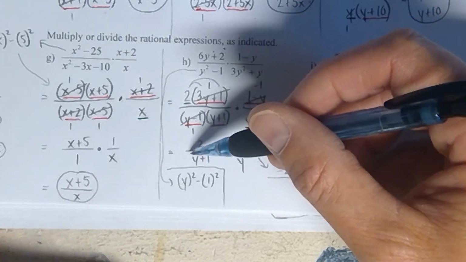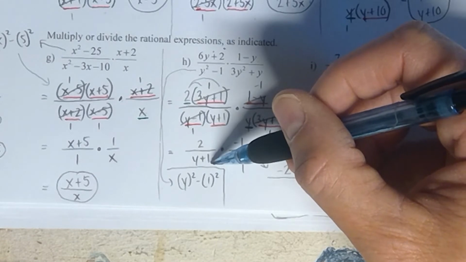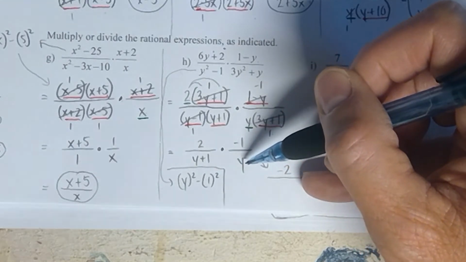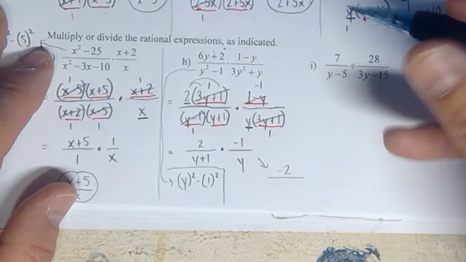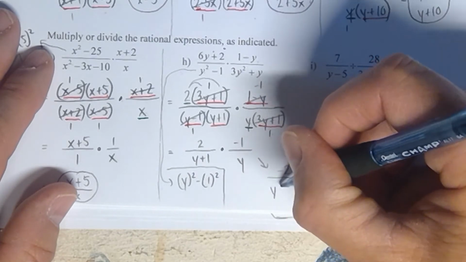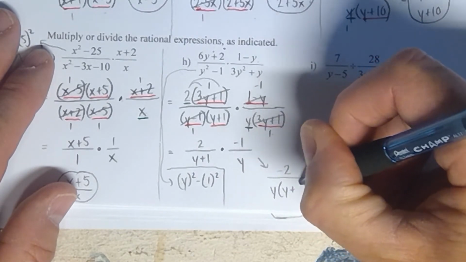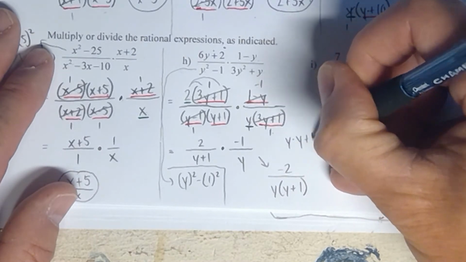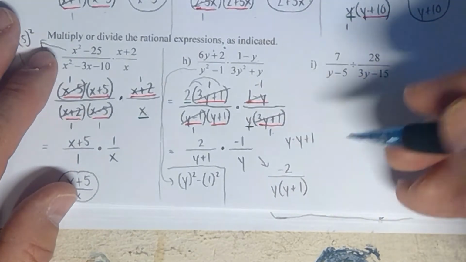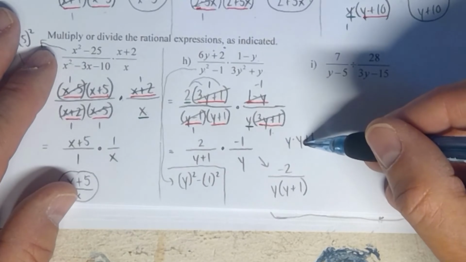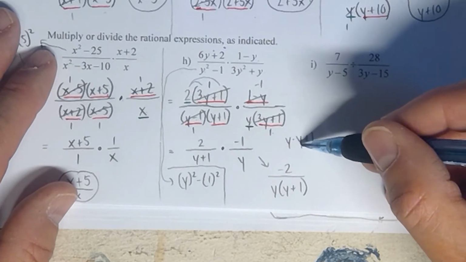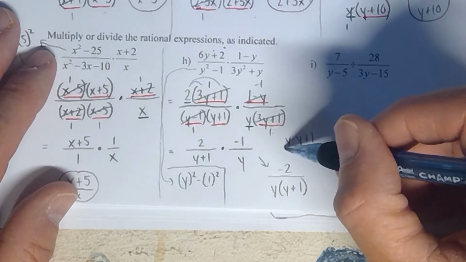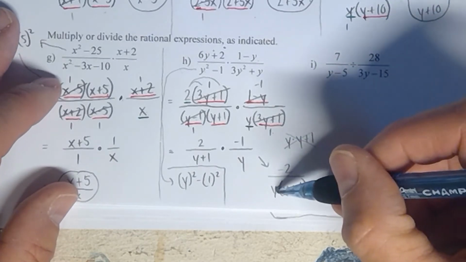But if you have something with two terms in it and you're multiplying it by another denominator that is not equal to 1, you have to bracket that. Because if you just write down this right here, it looks like you're just doing y times y instead of doing y times this whole thing. So don't do this. You got to bracket that.